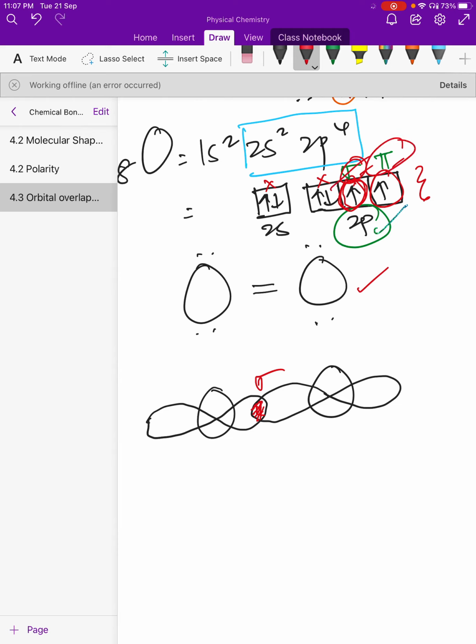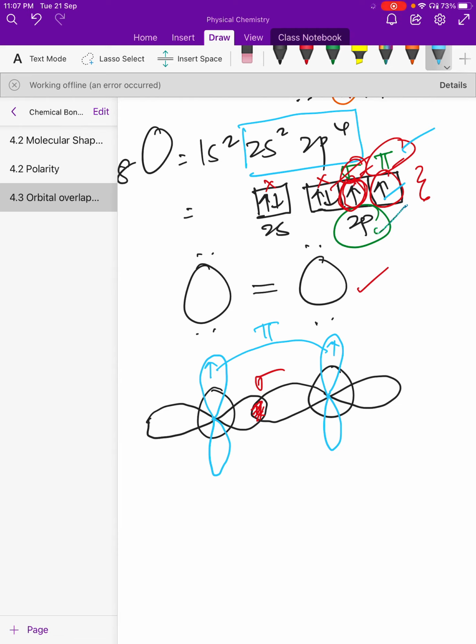Now we go to pi. Remember, pi overlapping is parallel, so we have to draw parallel orbitals. One is like this, the other one is like this. This is for pi. So one electron is here for the left hand side, one electron here for the right hand side. And when they overlap, we get the pi bond.